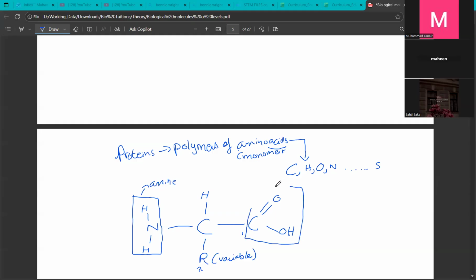This is your carboxylic acid group. Because it has both an amine group and a carboxylic acid group, we call it amino acids. सही है?